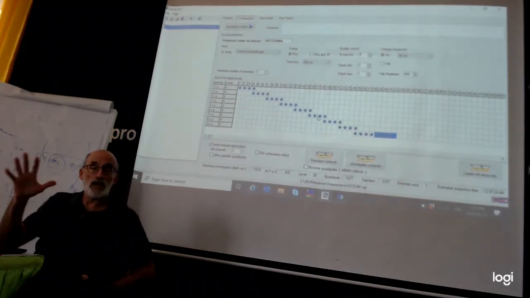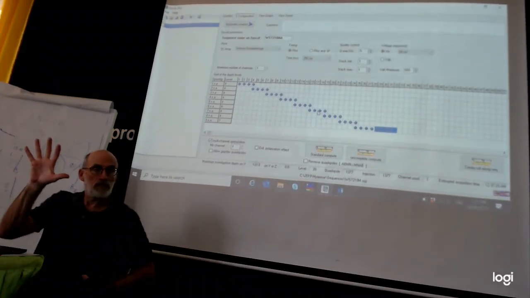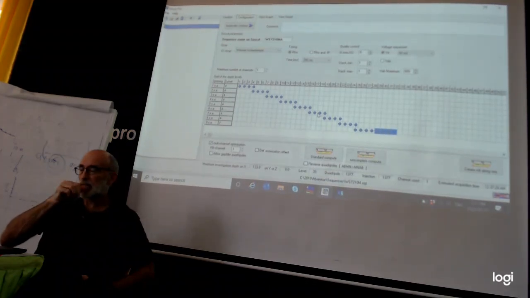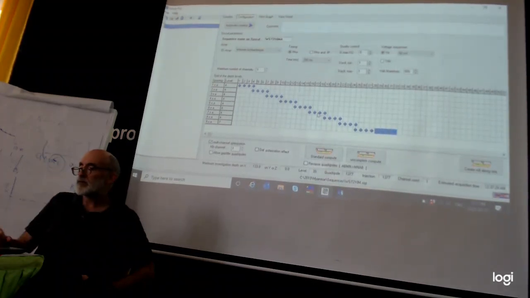That would shorten the time by only 5 minutes. So changing the stacks only saves a few minutes.